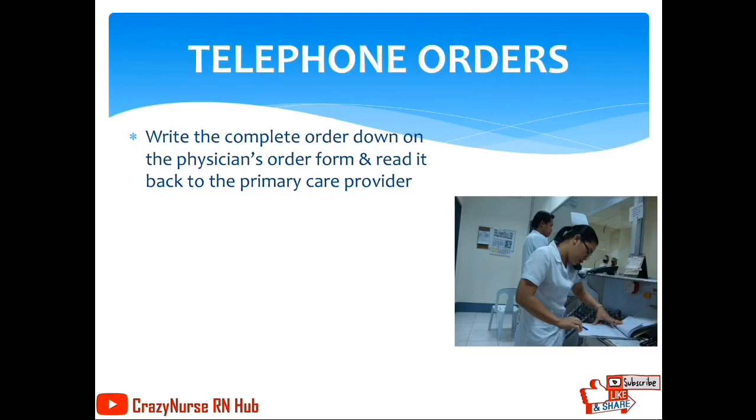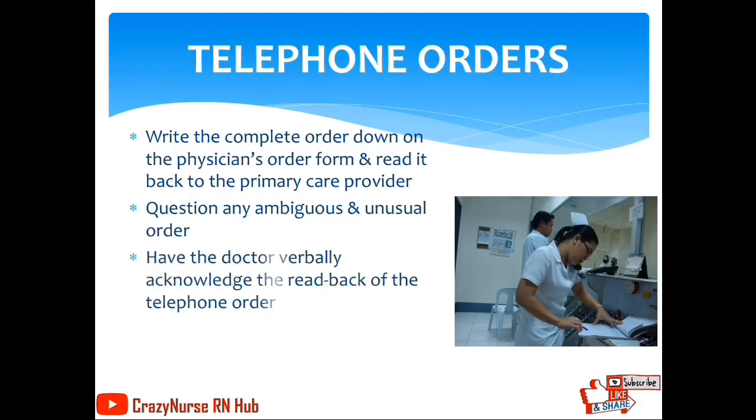Also, you have to question the primary care provider about any order that is ambiguous or unusual, for example, an abnormally high dosage of a medication, or one contraindicated by the client's condition, and have the primary care provider verbally acknowledge the readback of the verbal or telephone order.